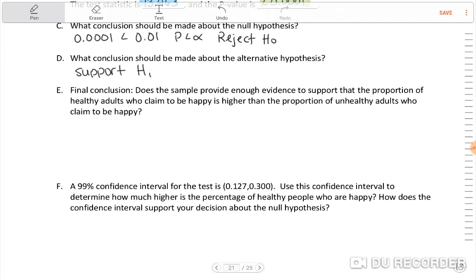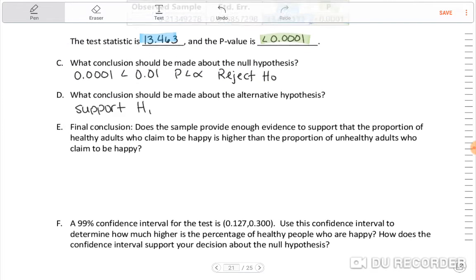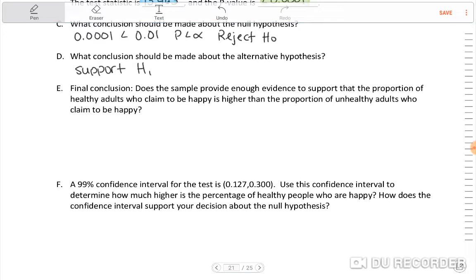Does the sample provide enough evidence to support that the proportion of healthy adults who claim to be happy is higher than the proportion of unhealthy adults who claim to be happy? Yes. It seems like it's significantly higher, right?